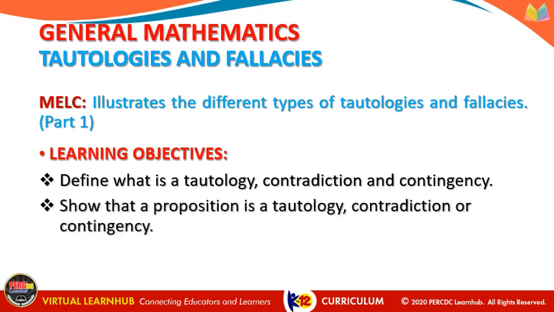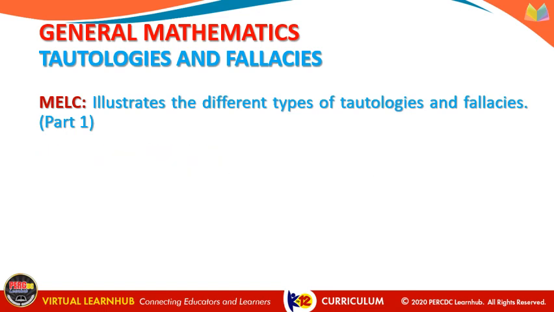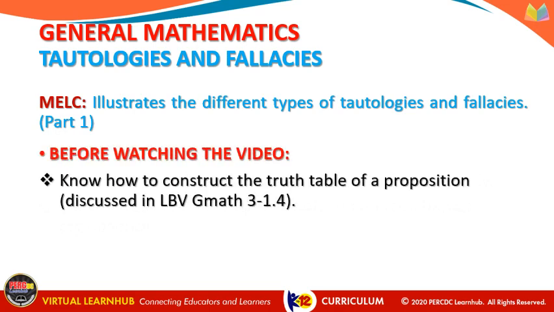And at the same time, to show that a proposition is a tautology, contradiction, or contingency. Before watching the video, I highly suggest that by this time, we already know how to construct the truth table of a proposition. This was discussed in LBV Gmath 3-1.4.